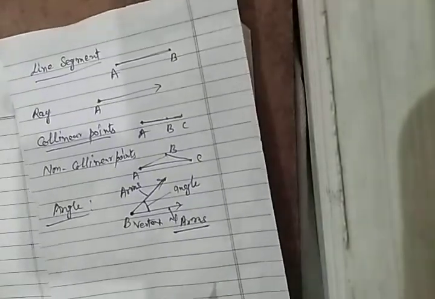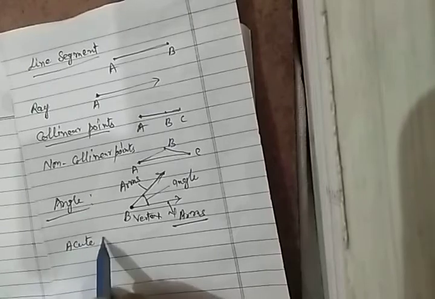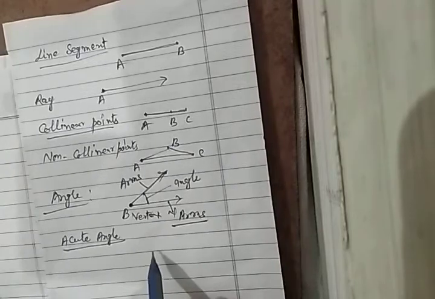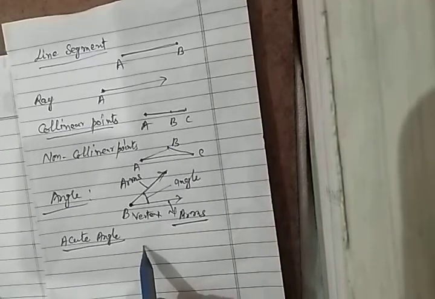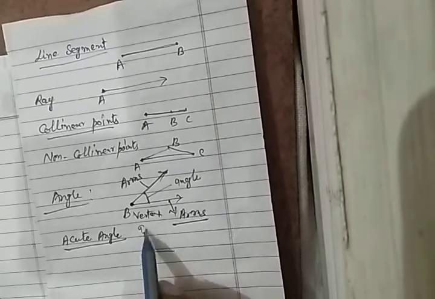First one is acute angle. The measurement of this angle is less than 90. This is 90 degree.